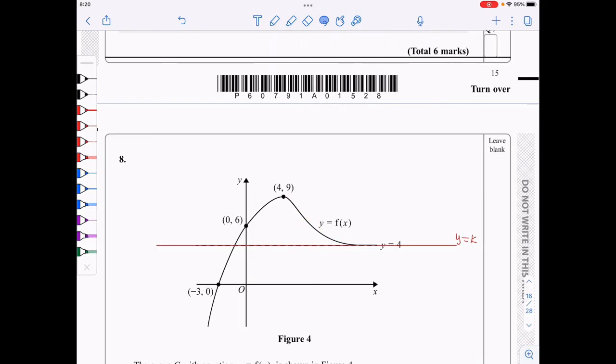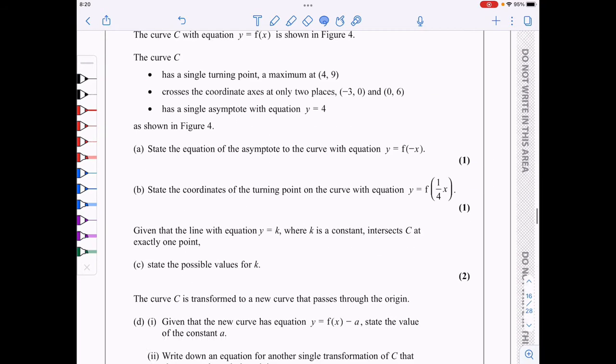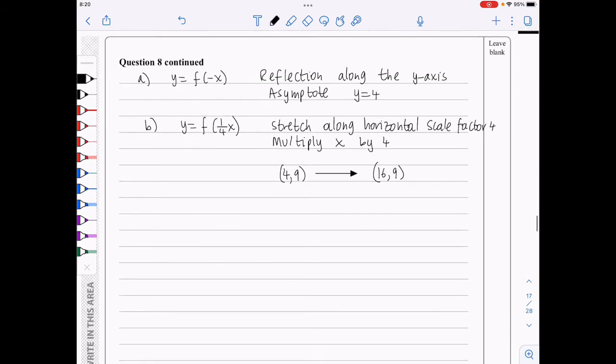So any values that are below or equal to the asymptote will give me 1 point of intersection, which leads me to conclude that I will either be less than or equal to 4 or equal to 9 to go through the maximum point. So my values for k that lead to 1 intersection point only will be k is equal to 9 or k less than or equal to 4.